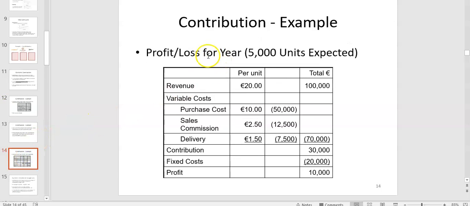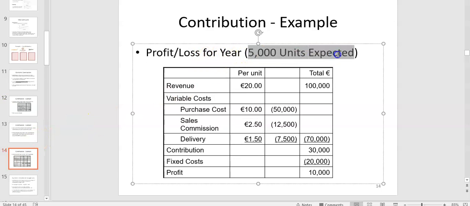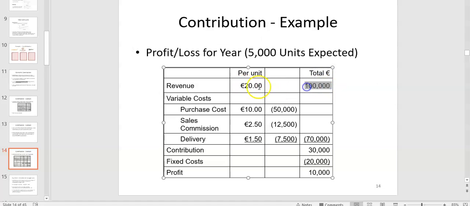All right? So think of the profit or loss here for 5,000 units. If I sell 5,000, I make total revenue of 100,000, 5,000 times 20. I have purchase costs of 5,000 times 10, which is 50,000, 5,000 times 2.50, and 5,000 times 1.50. So my contribution is 100,000 minus 70,000.